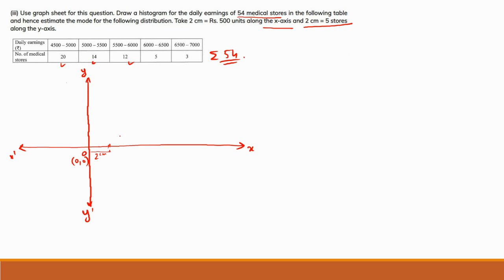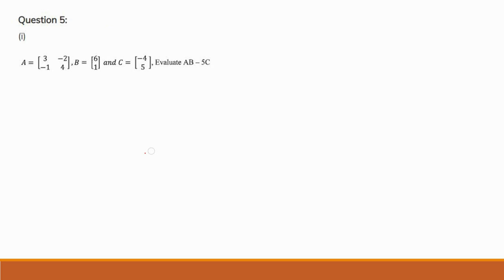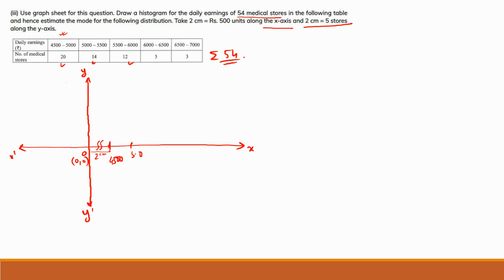Your x-axis, the daily earnings, starts from 4,500, right? So we don't need this part, we will declare this as 4,500. After 2 centimeter, again we will make this 5,000.